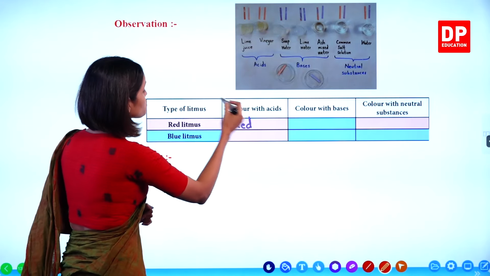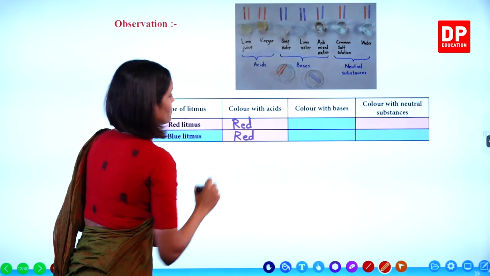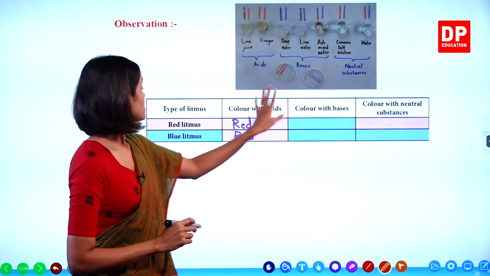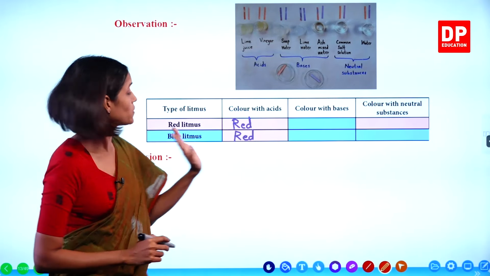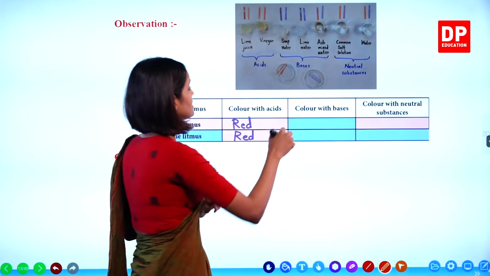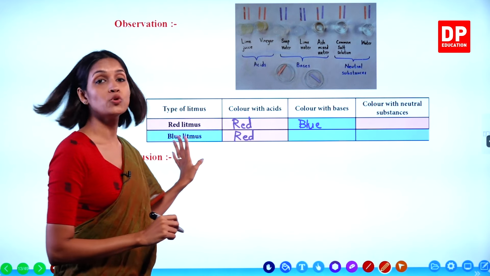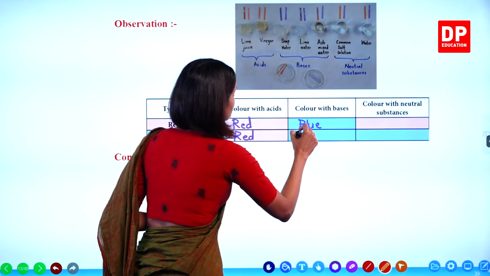So blue litmus also turns red. Right. Then color with bases. What happens to the red litmus? Red litmus turns blue. Okay, so red litmus, here color with bases, blue color. And blue litmus does not change the color, right? It is blue.